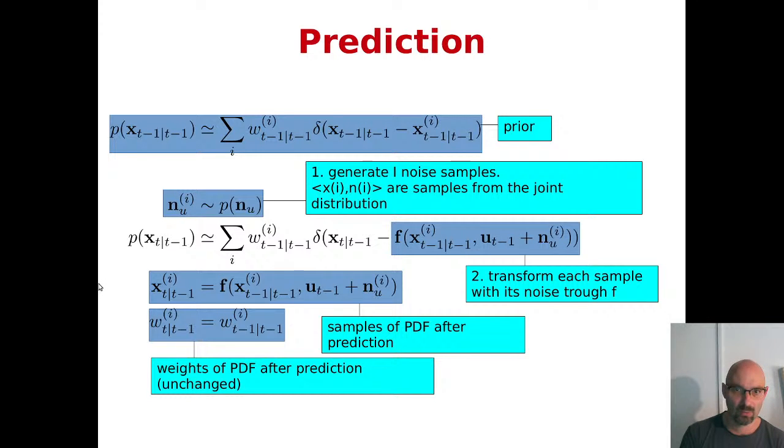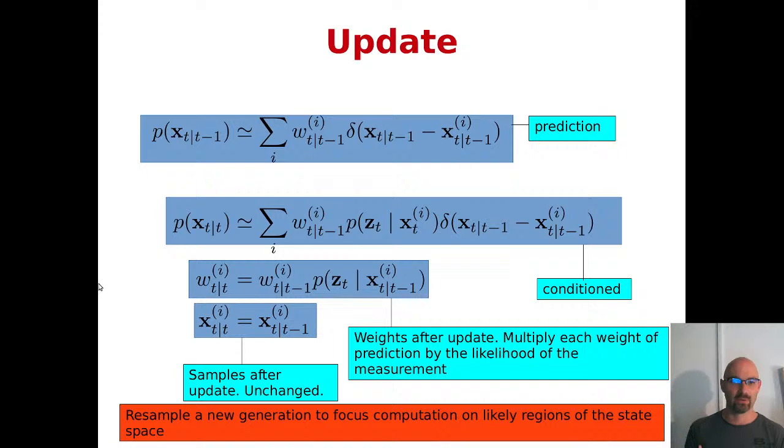So, by doing this mechanism over and over, without any further routine, what you will have is that the samples only move according to the prediction model. And given that the transition model typically injects noise, what you might expect is that your distribution of samples gets spreader and spreader over time, right? It opens up immensely, if it's not already open.